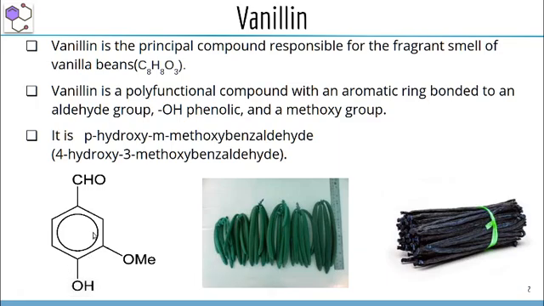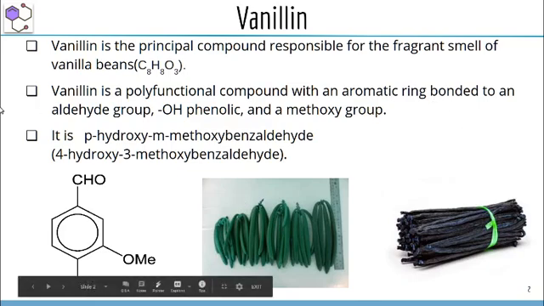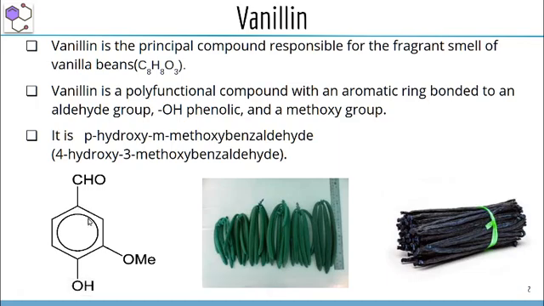So among these 3 groups, the higher priority group is the CHO group. So this carbon is numbered as 1, carbon number 1, then 2, 3, 4.